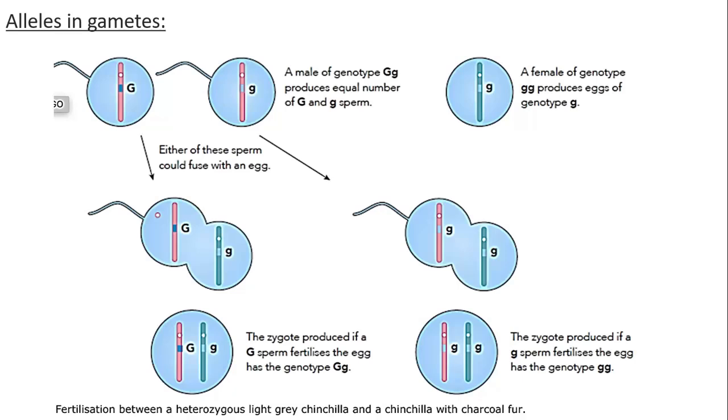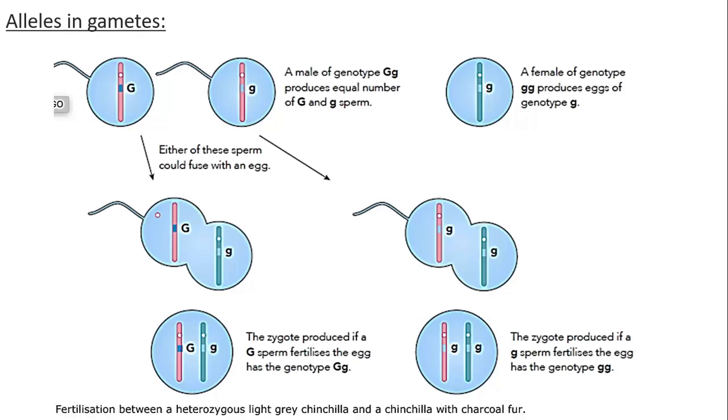It means that they have half the number of chromosomes, which means that in our gamete cells, we have only 1 copy of each gene, or 1 allele. So the female egg will always have only 1 copy of the 2 alleles that the mother has. And also the male sperm will always have just 1 copy from the 2 copies that the original male has.